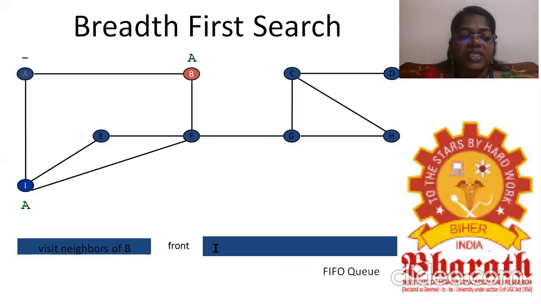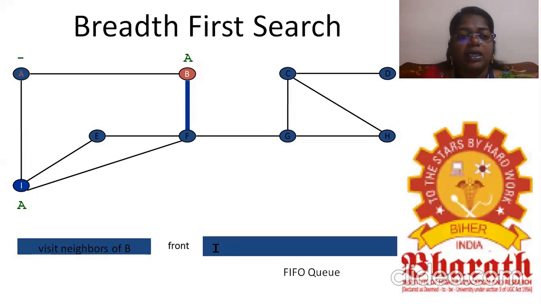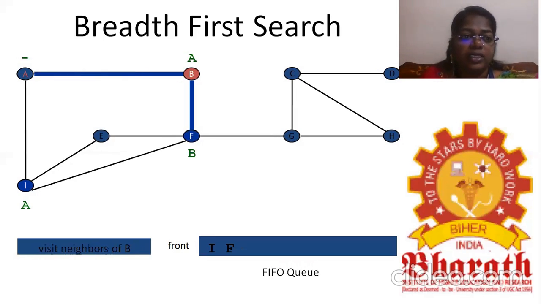Now we are going to visit the neighbor nodes of B. F is a neighbor node of B. F is discovered, so we enqueue it inside the FIFO queue. The next node is A. We know that A is already discovered, so we can leave it and take care of the next process.